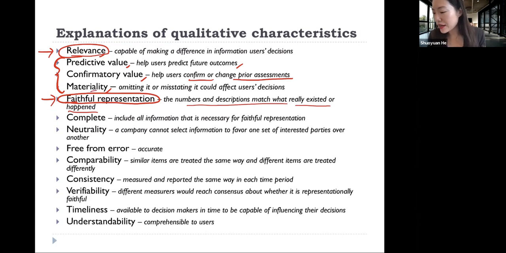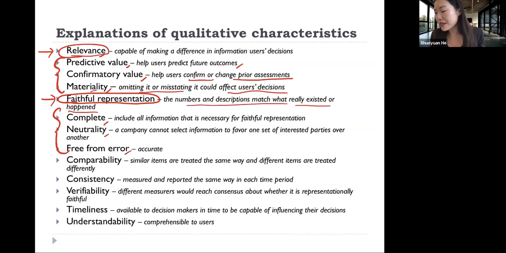And materiality: omitting or misstating it could affect users' decisions. So it should be material enough for the information user. And for faithful representation, it needs to be complete, neutral, and free from error.